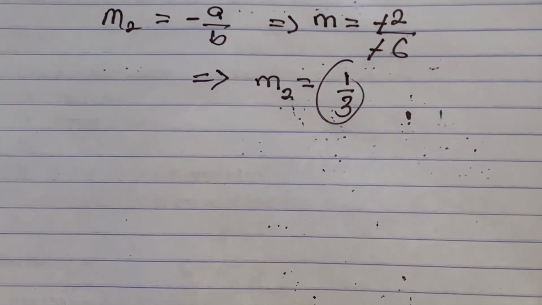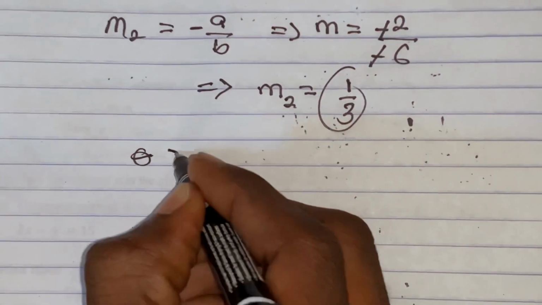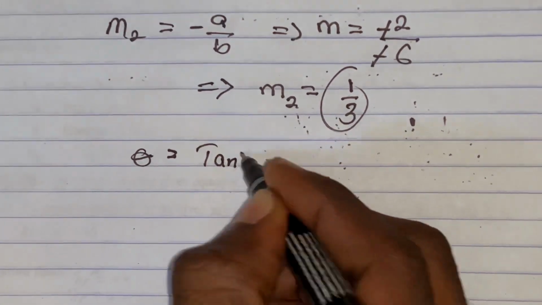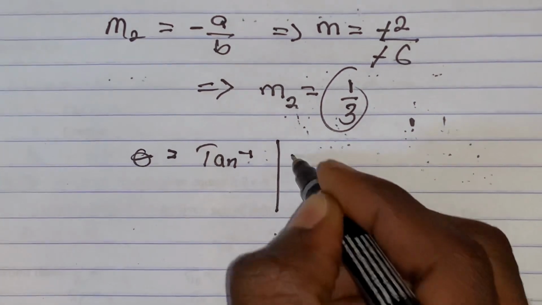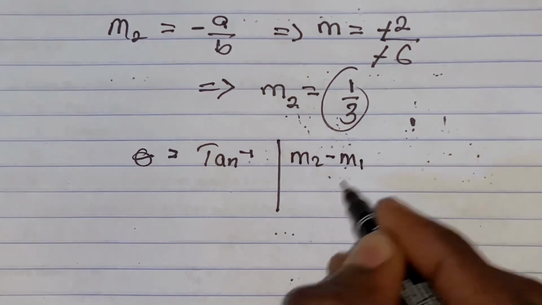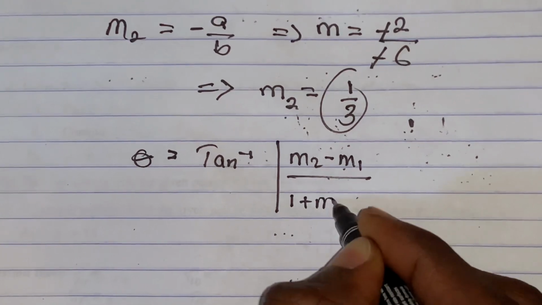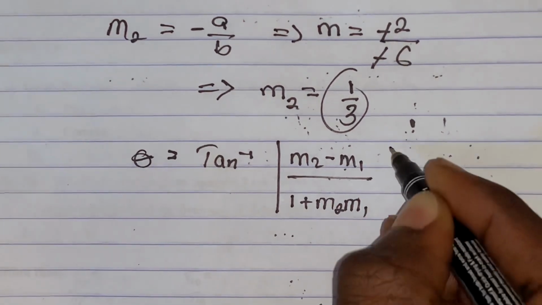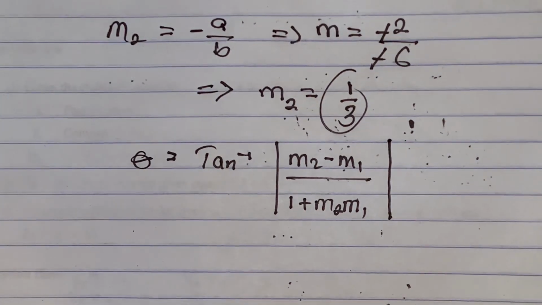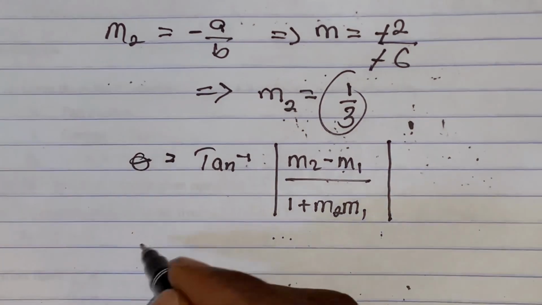enclosed angle formula, which says theta equals tan inverse of m2 minus m1 divided by 1 plus m2 multiplied by m1. So we can now just substitute.